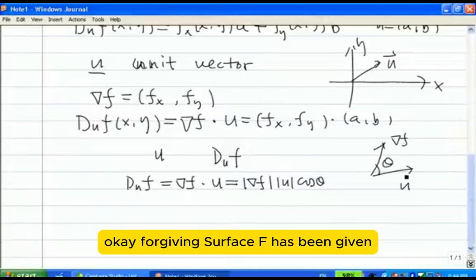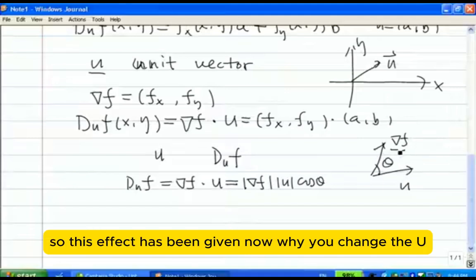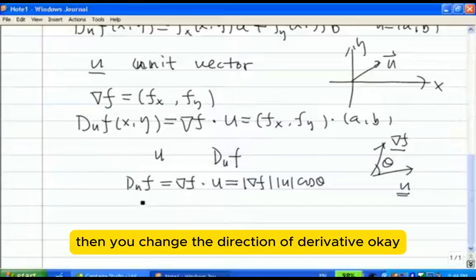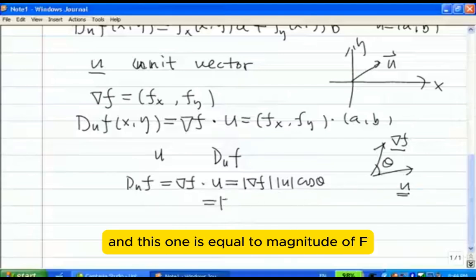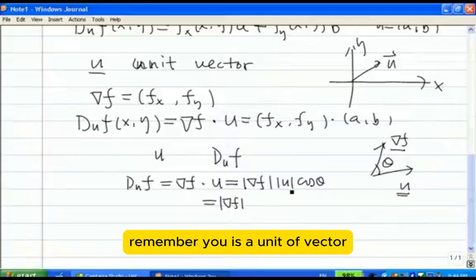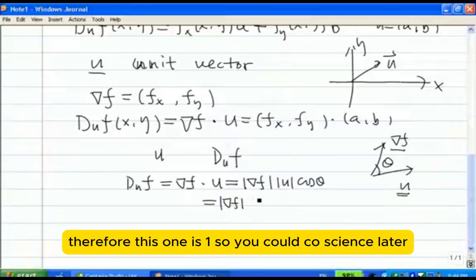For a given surface, f has been given, so this vector has been given. Now, when you change u, you change the directional derivative. This is equal to the magnitude of gradient f. Remember, u is a unit vector, therefore its magnitude is 1, so you get cosine theta.